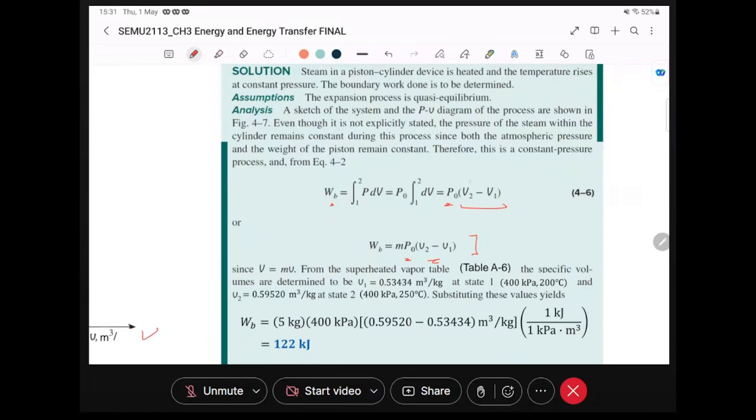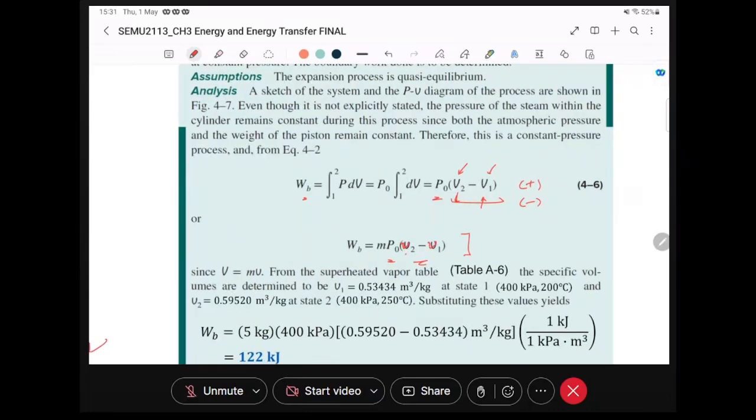If state 2 is larger than state 1, which means expansion, you get a positive work. If state 2 is smaller than state 1, you get negative, which means you compress it, and therefore it is a negative work.